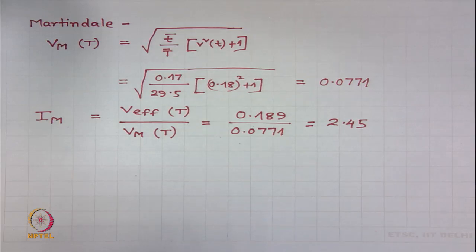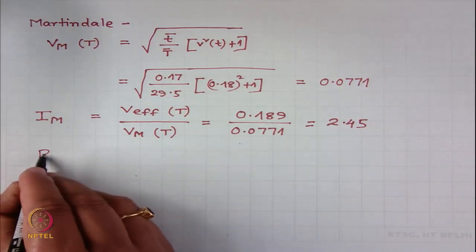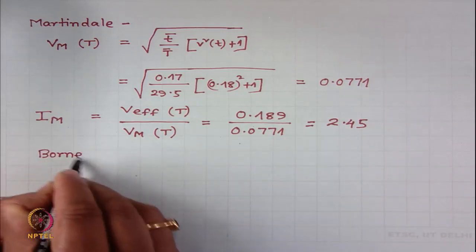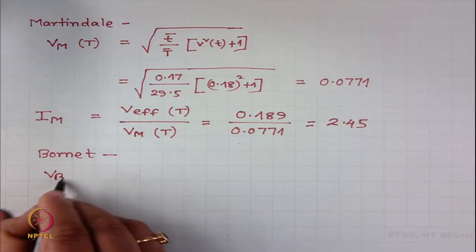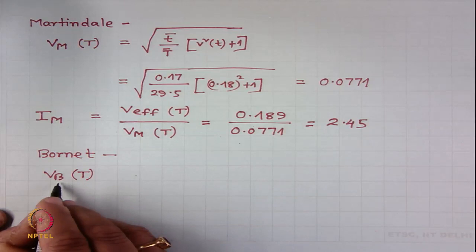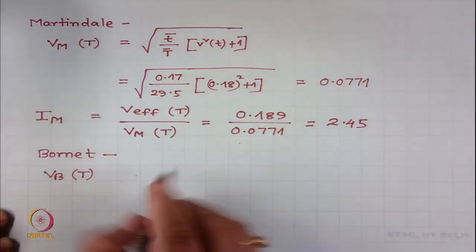2.45, significantly higher than 1. Okay. Now, let us use Bornet's expression. Bornet's V_B, B stands for Bornet, M stands for Martindale.